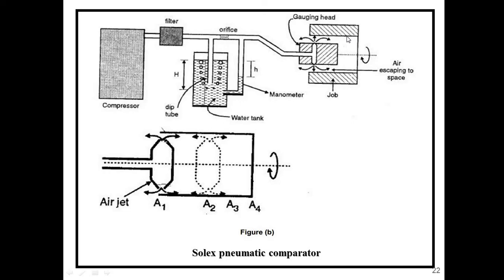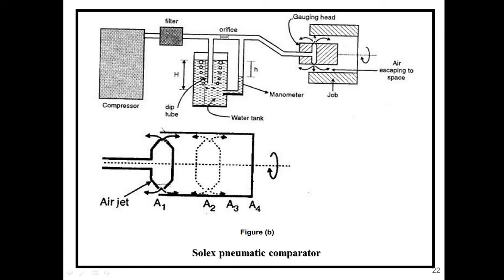Then one more thing we can do with this pneumatic gauge is check whether this hole is tapered or not. Tapering of the hole can be determined by taking readings at different points along the length and noting the difference in diameter.